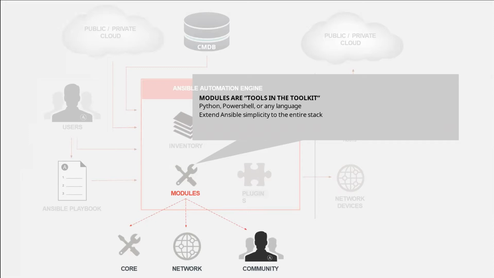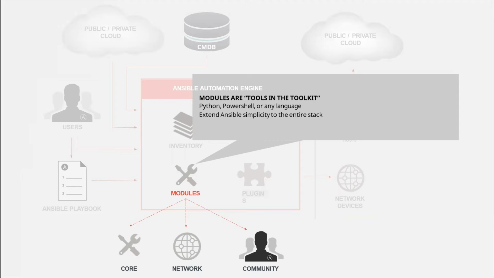Then we move on to modules. Modules are tools in the toolkit, if we can think of them that way. Modules provide the ability to extend Ansible to anything we really need to do. I mentioned there are a couple of different places back on the Galaxy slide.